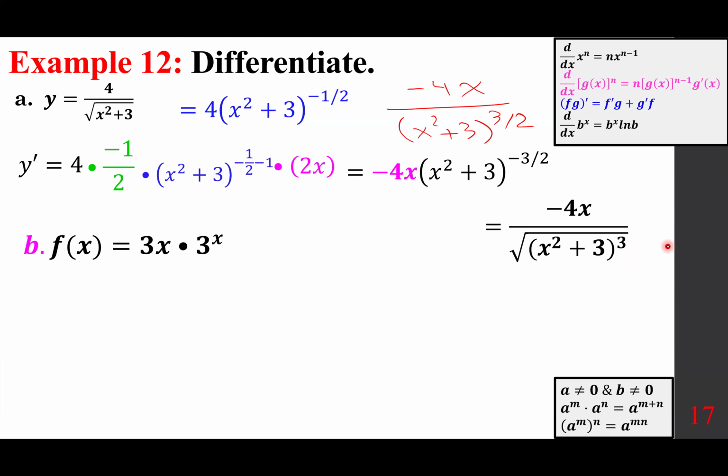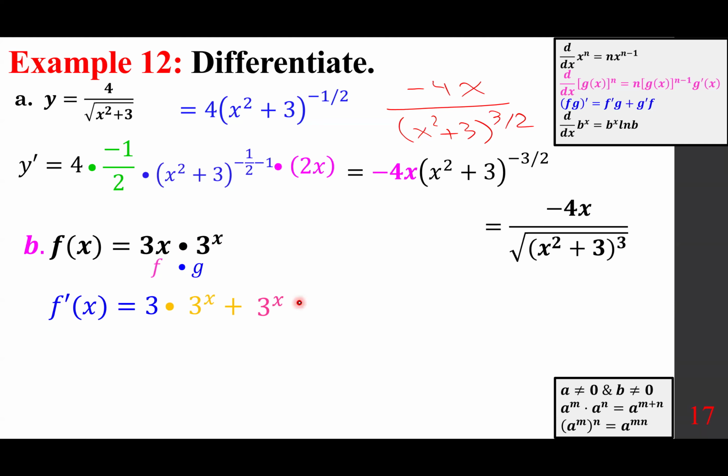What about 3x times 3 to the power of x? So it's using the product rule, f prime g plus g prime f. So f prime is simply 3 times 3 to the power of x plus g prime. Any exponential, the answer is itself. The base is e?